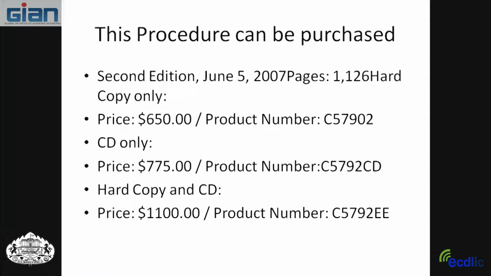So you can purchase this. $650 was, I found this online. I never purchased it for this one, which is by CD, and if you want a hard copy, $775, and I don't know what this one does, but $1,000 is 66,000.